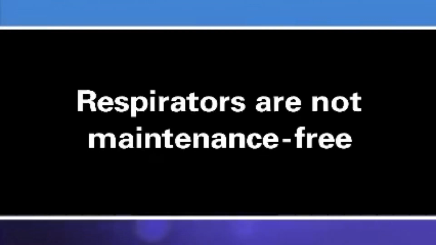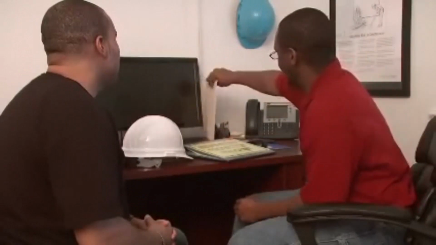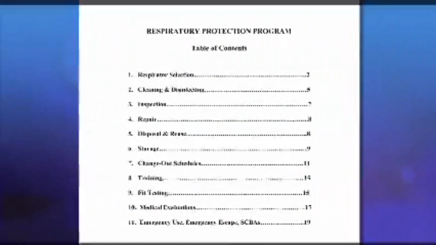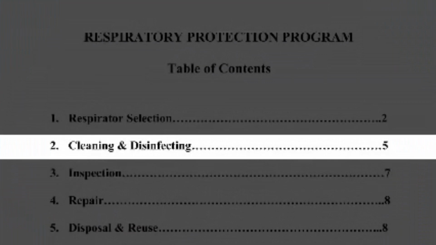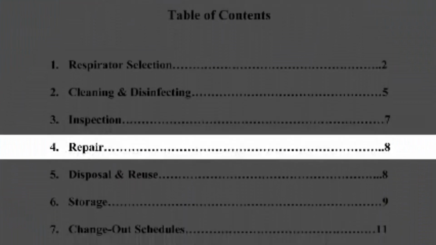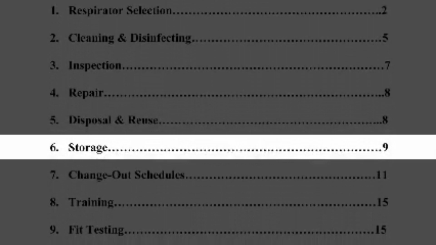Respirators are not maintenance-free. OSHA's Respiratory Protection Standard requires your employer to have a respiratory protection program. The program must provide for the cleaning, disinfecting, inspection, repair, and storage of each type of respirator used in your workplace.